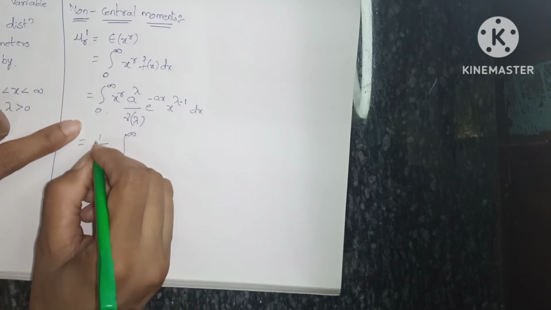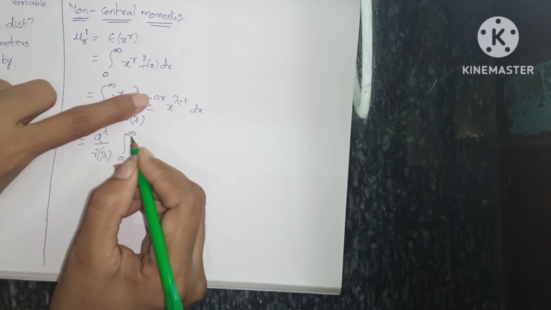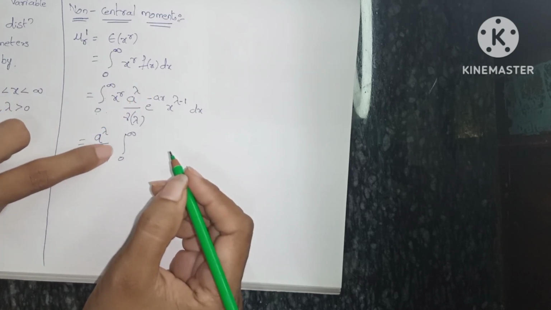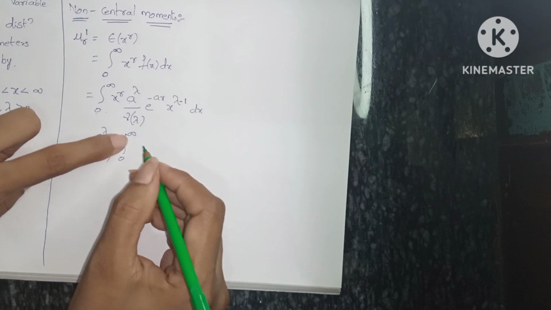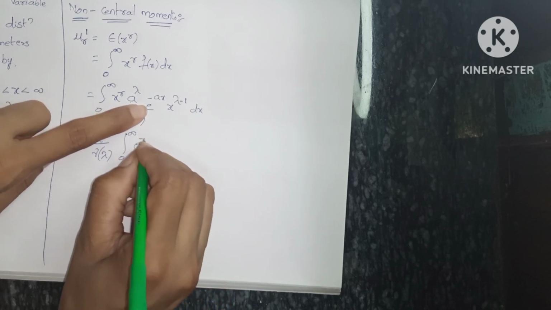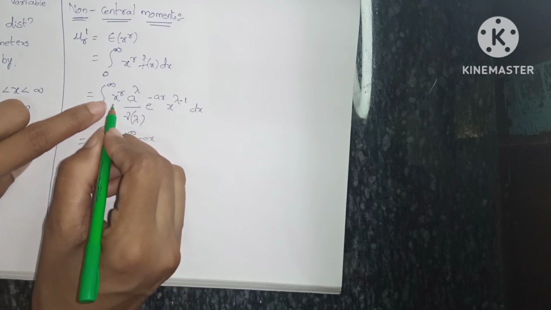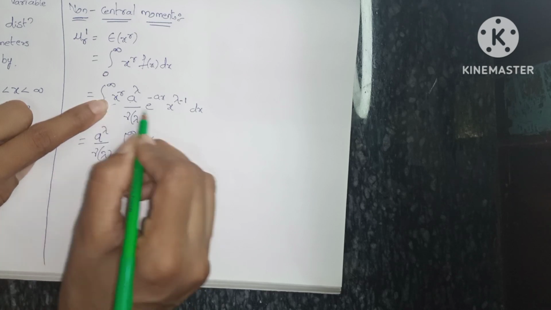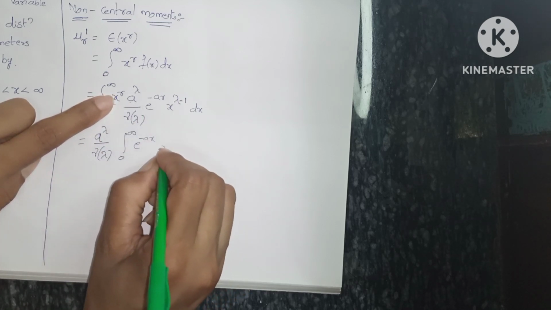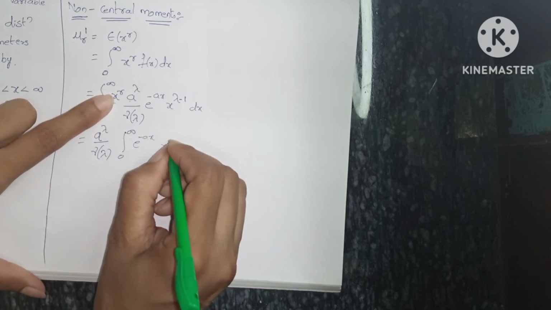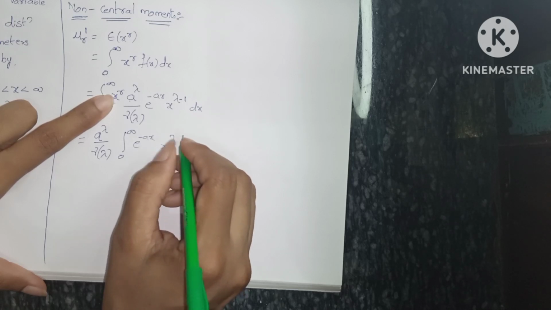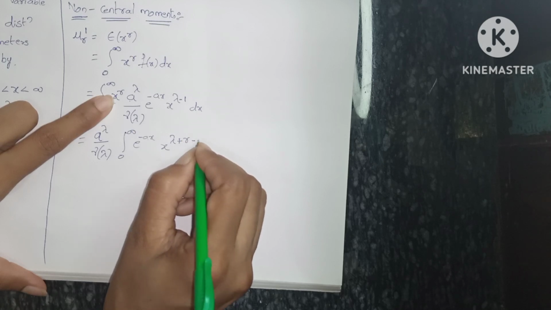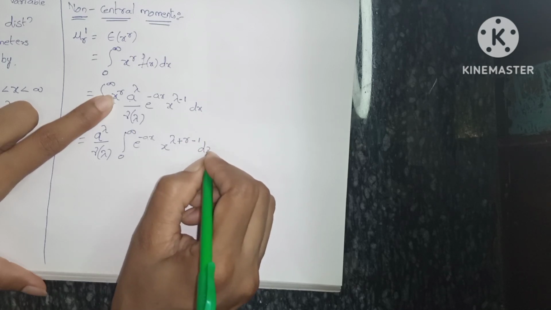A power lambda also is a constant because it does not have an x term. So a power lambda by gamma of lambda into the integration from 0 to infinity of e power minus ax, and since the bases of x are equal, the exponents add, so x to the power of lambda plus r minus 1 dx.